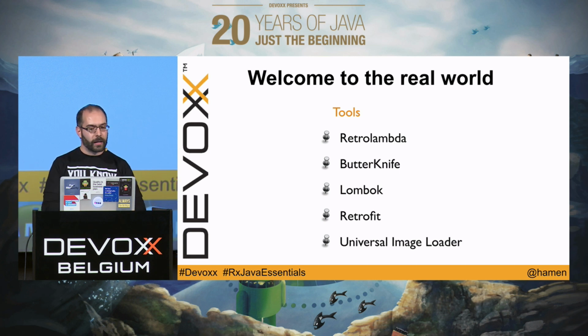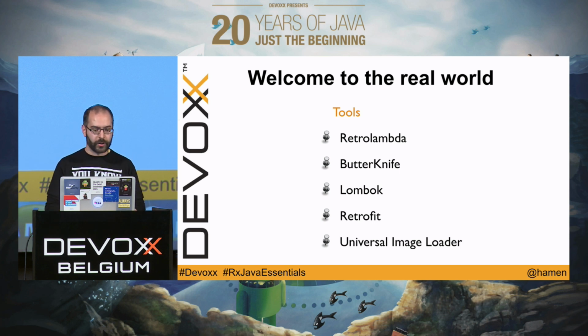We are using Retrolambda because we are stuck to Java 6 on Android, but we like the little arrow. I'm using Butterknife because there is just one man that can create an Android app without a library by Jake Wharton, and that man is Chuck Norris, and I'm not Chuck Norris.